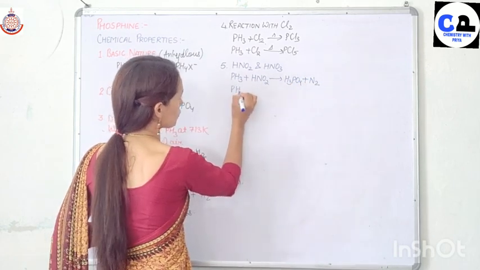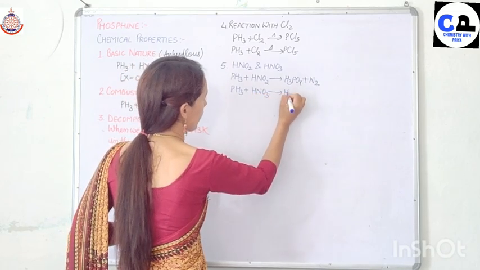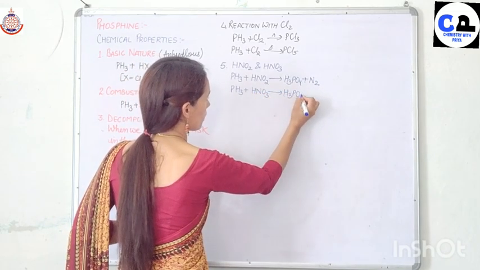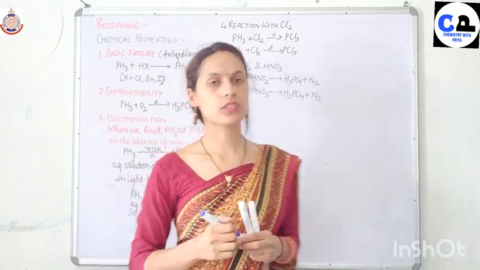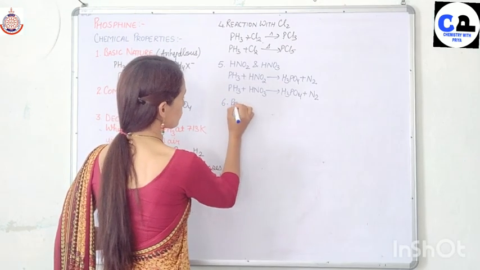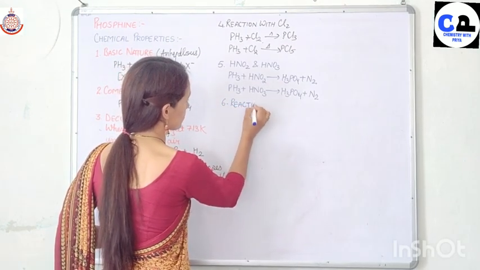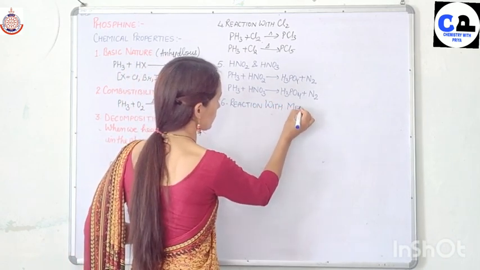Similarly, PH3 plus HNO3 gives H3PO4 plus N2. Next is reaction with metallic salt solution.